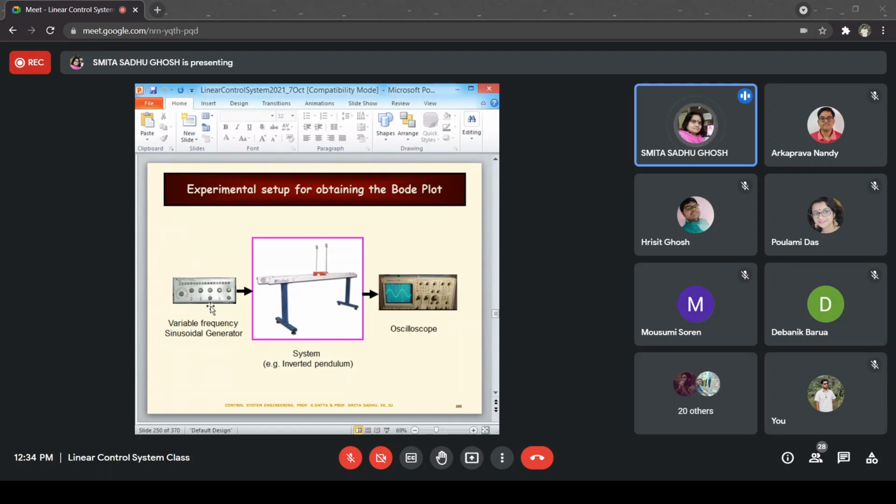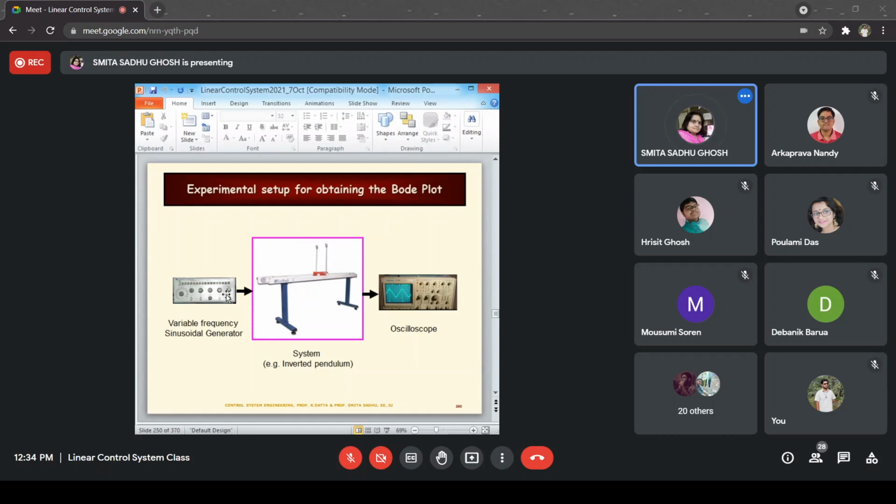So as far as this variable frequency sinusoidal generator is concerned, the sine wave that is being generated is going to be of a constant amplitude. But the frequency of the sine wave that is being generated, you can vary. There is provision over here to vary the frequency of the sine wave.